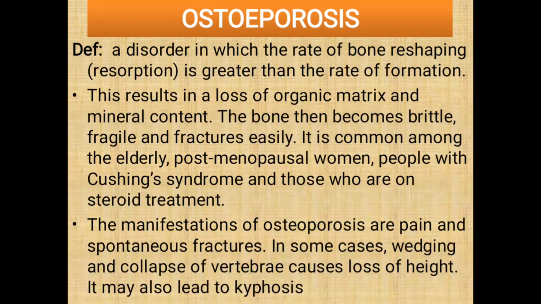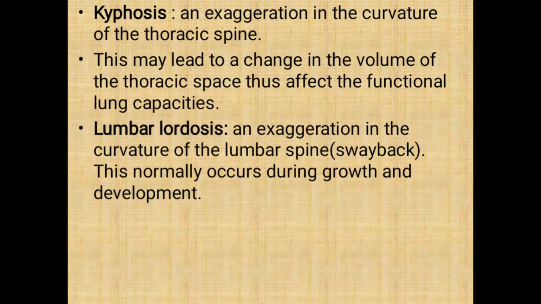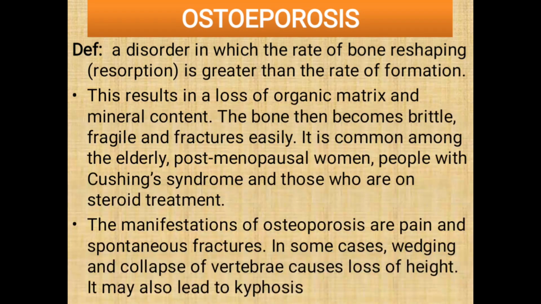A person starts becoming short because the vertebral column starts collapsing. It is also called kyphosis. It can also lead to kyphosis. Kyphosis we studied earlier and found it is curvature of the thoracic spine. So osteoporosis is when the rate of bone reshaping or resorption becomes greater than the rate of formation.